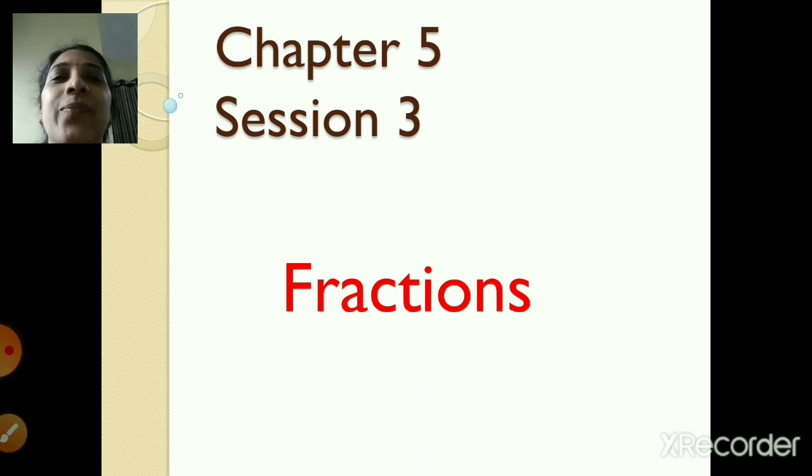So students, before your first unit test and before your revision, do you remember which chapter we were doing? Yes, we were doing chapter 5, that is fractions, and we finished 2 sessions of it. So we'll just quickly revise what fractions were. Fractions means part of a whole, right? So I had given you the example of one chapati.